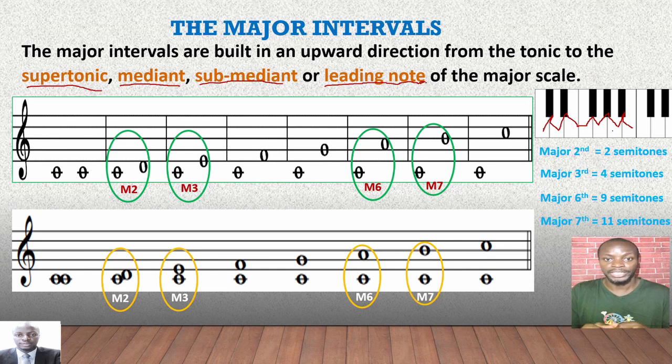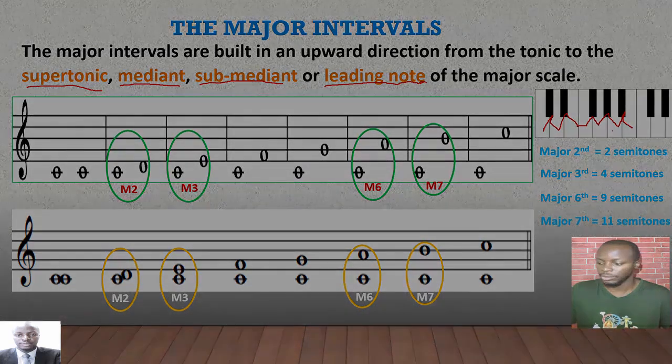So when you pick up any major scale and you have an interval between Do and Re, between Do and Mi, between Do and La, or between Do and Ti, all these intervals are major intervals, right? Because we're building them on the major scale, right?